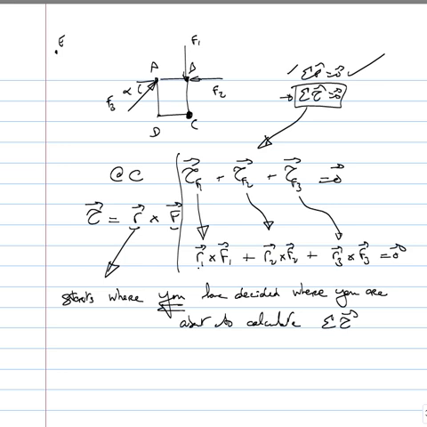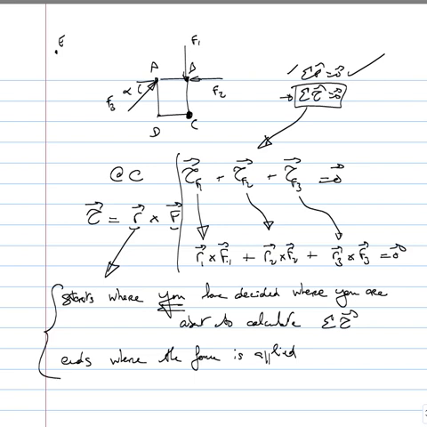Which means that R1 will be the position vector starting from C, and this position vector ends where the force is applied. This is how you figure out the vector R.